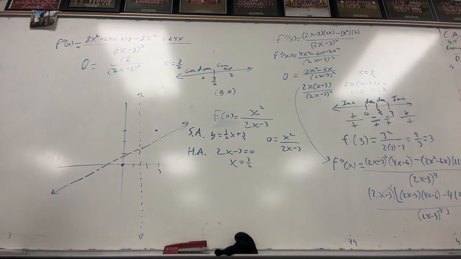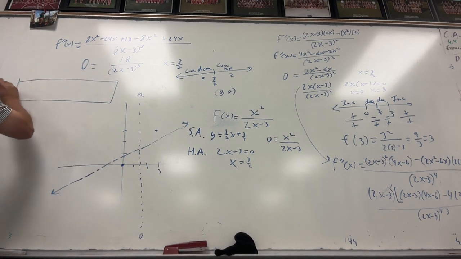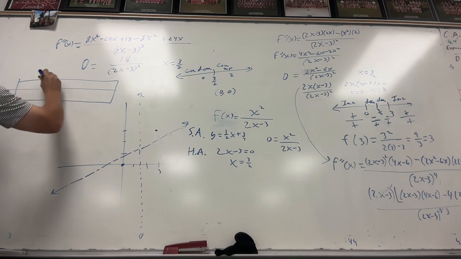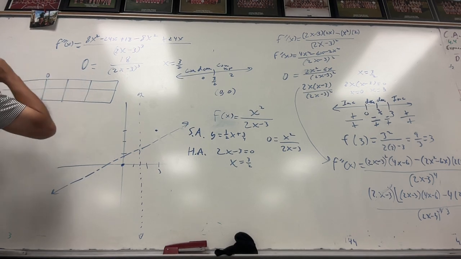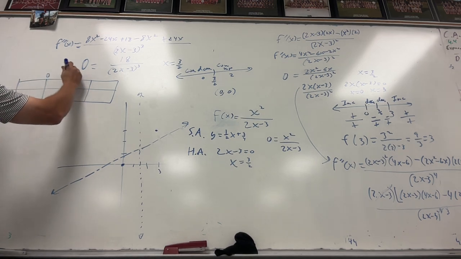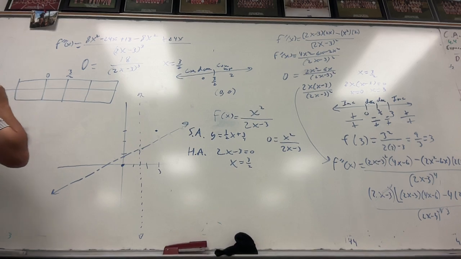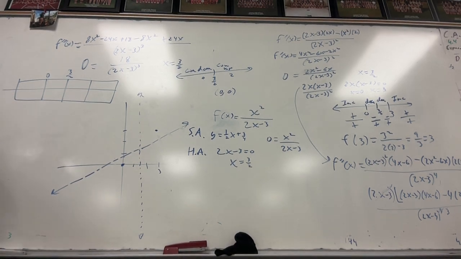So, let's get our chart up here. In our chart, what numbers do we want? 0, 3 halves, and 3.